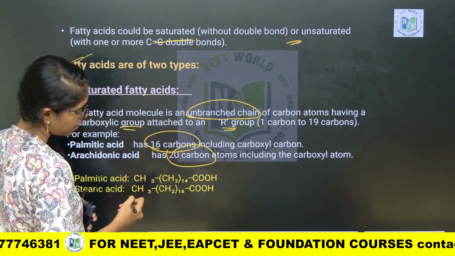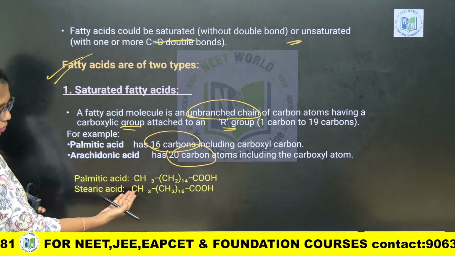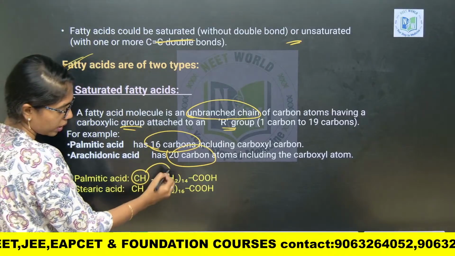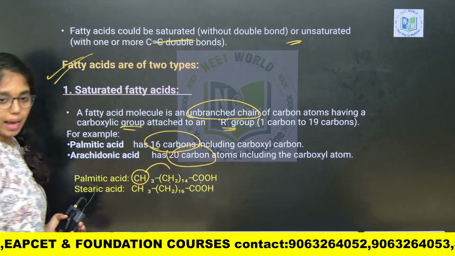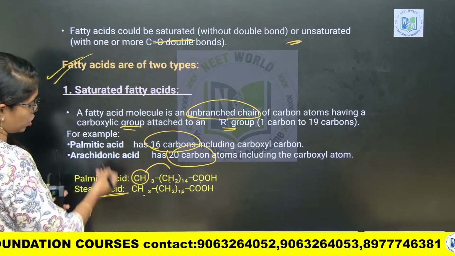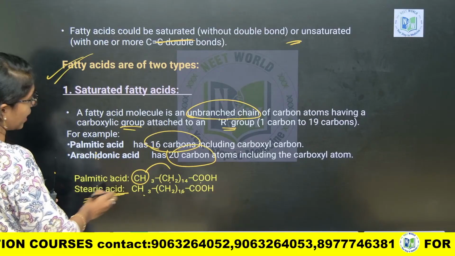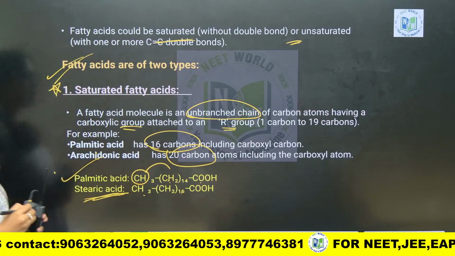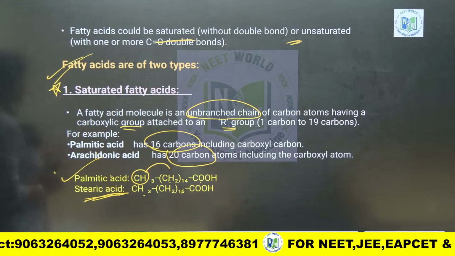Arachidonic acid? 20 carbons including 1 carboxyl. This will be the structure. One methyl group at the beginning, then 14 CH2 and then carboxyl group for palmitic acid. Same for the case of stearic acid, not arachidonic acid, stearic acid. Both palmitic acid and stearic acid come under what? Saturated fatty acids.